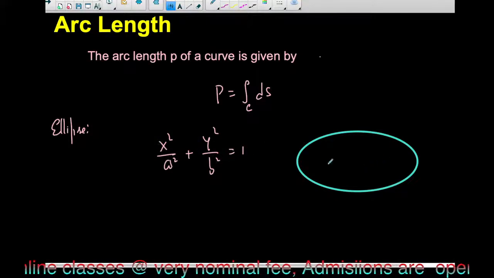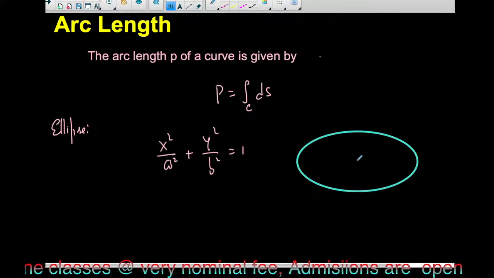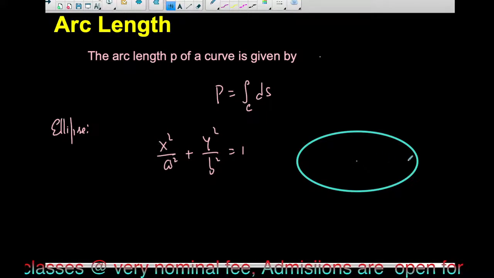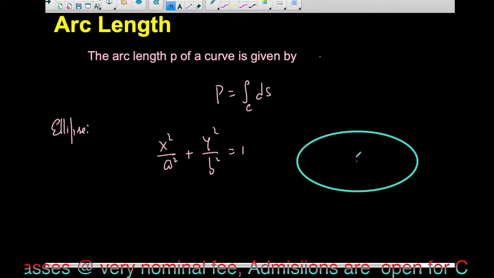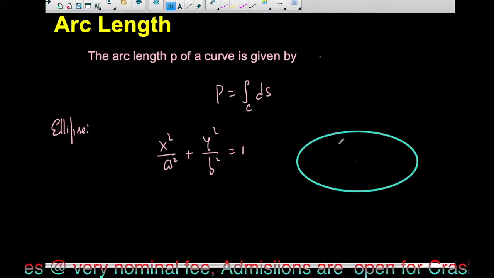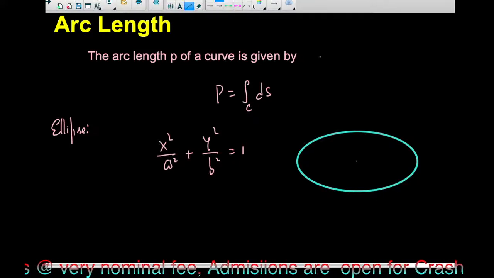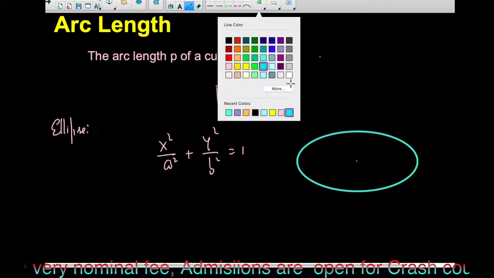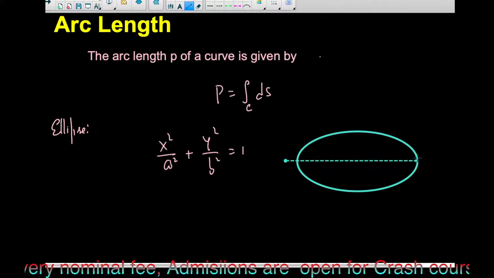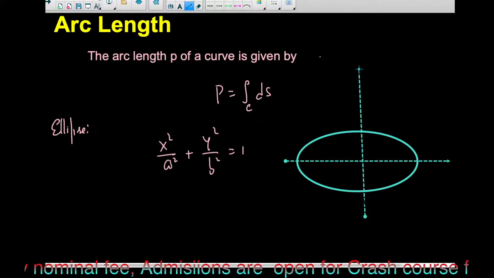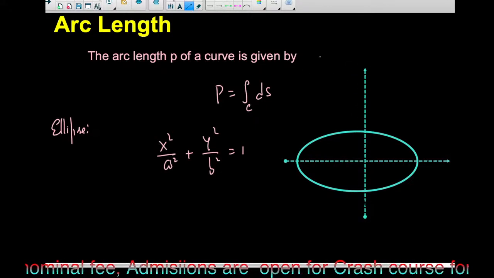What is a and b? This length is the semi length a here, and this is also called the semi major axis. That is the semi minor axis, small b. So let's say this is the x axis, and you can consider this as the y axis.